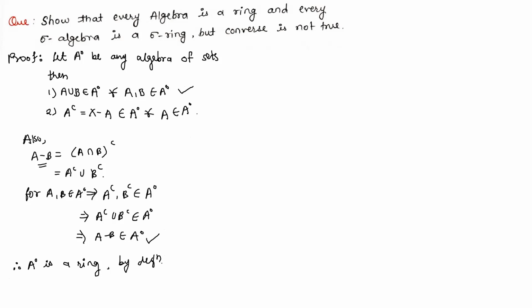Now next we have to prove that if A dot is a sigma algebra, then it is a sigma ring. So now let A dot be a sigma algebra.